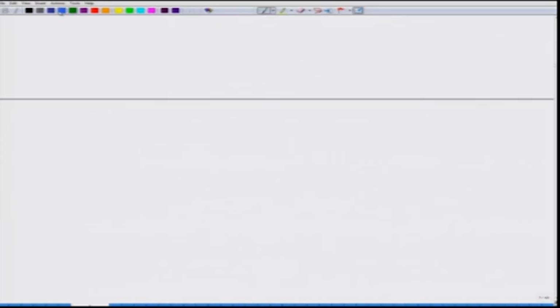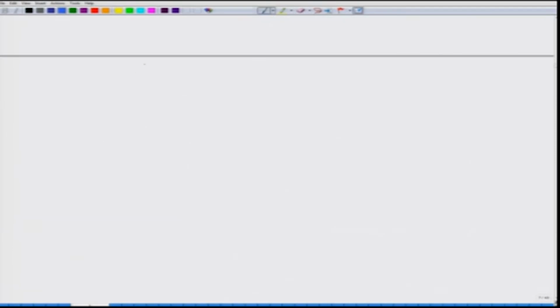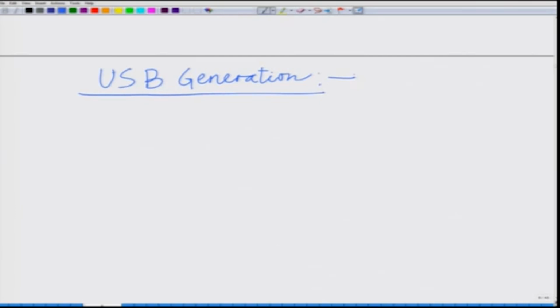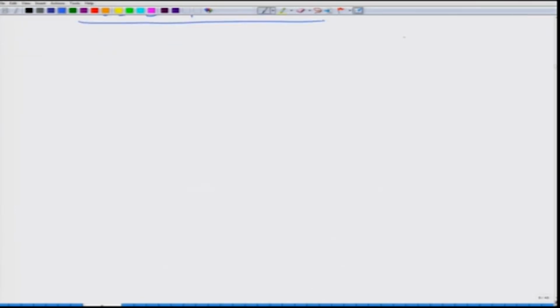So, to draw this schematically as a block diagram for USB generation, I have basically your incoming message signal m(t).